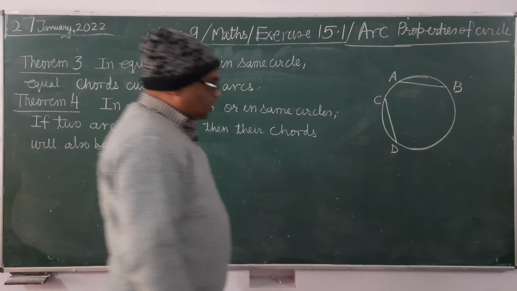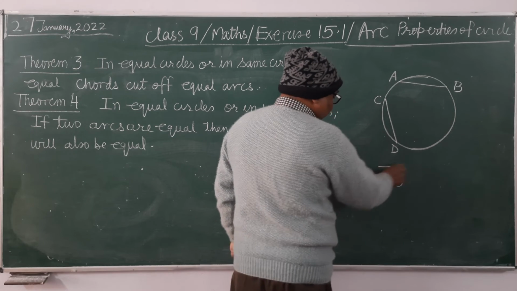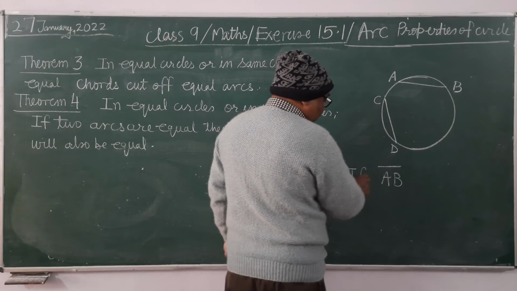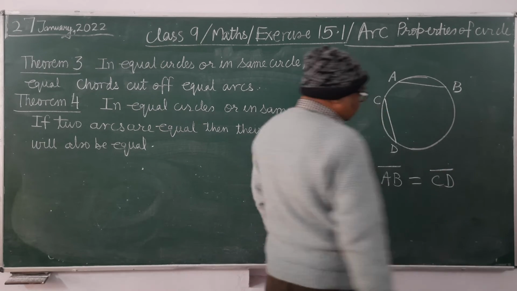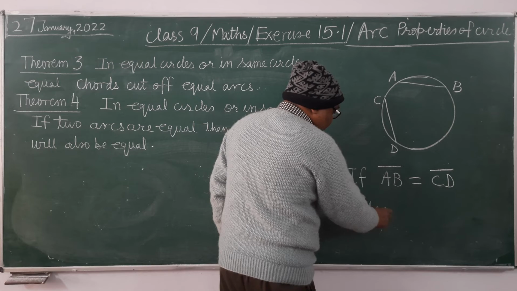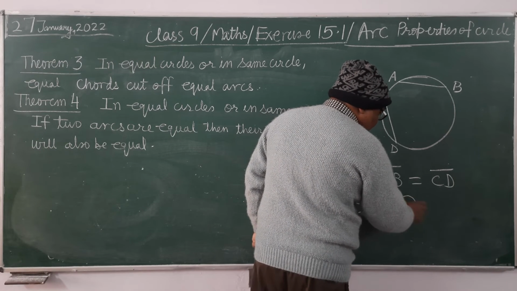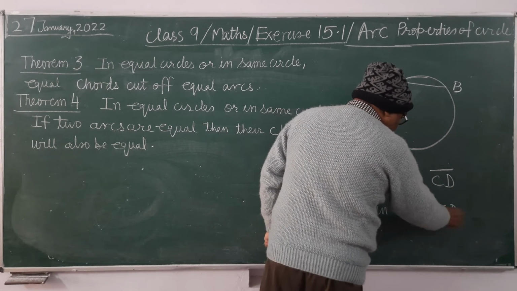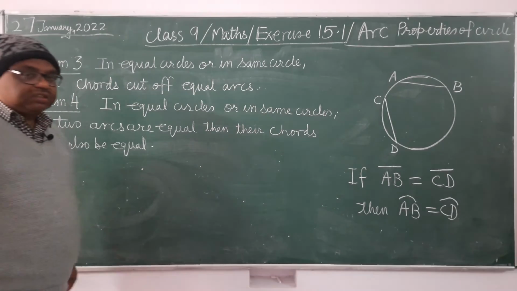Here it is given, if chord AB is equal to chord CD, then they will cut off equal arcs. Then arc AB will be equal to arc CD.